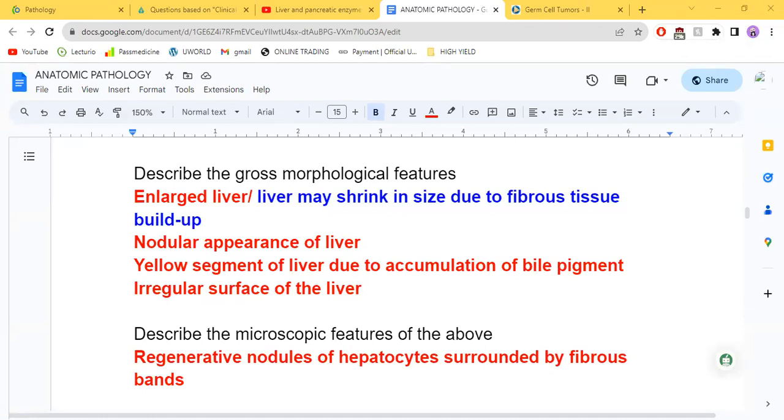Portal hypertension, correct. Jaundice. Splenomegaly. Ascites, yes. Hepatomegaly.